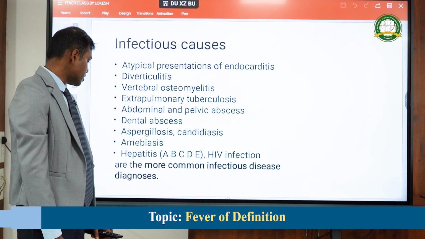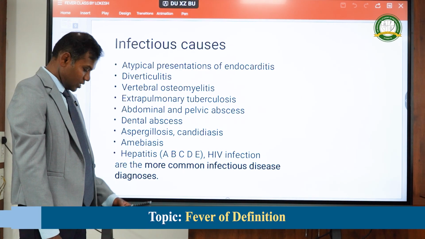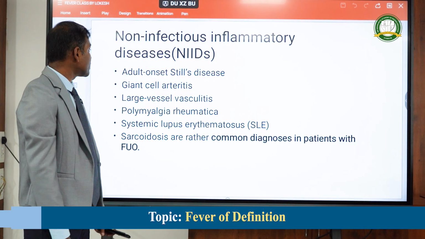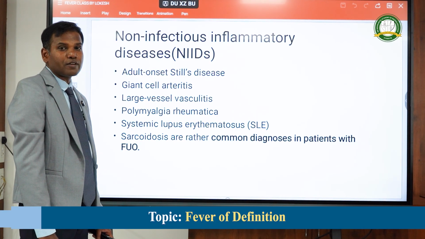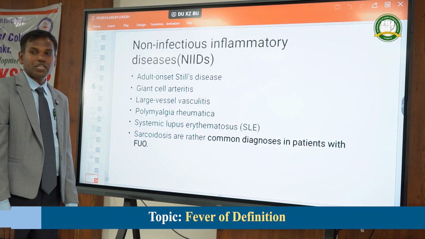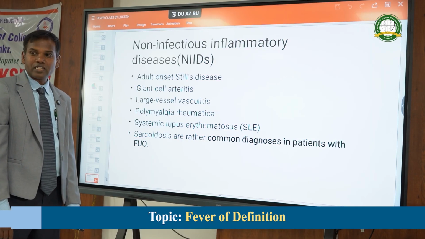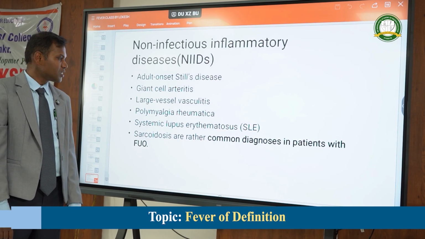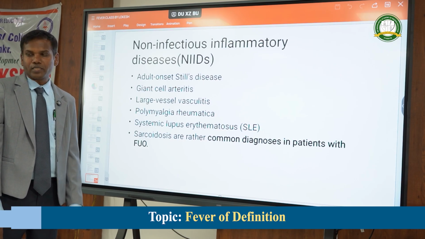These are the main common causes in infections. Non-infectious inflammatory diseases, as I already covered: adult onset Still's disease, giant cell arteritis, large vessel vasculitis, polymyalgia rheumatica, systemic lupus erythematosus, sarcoidosis.